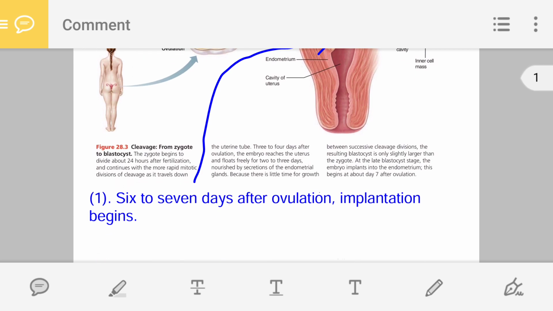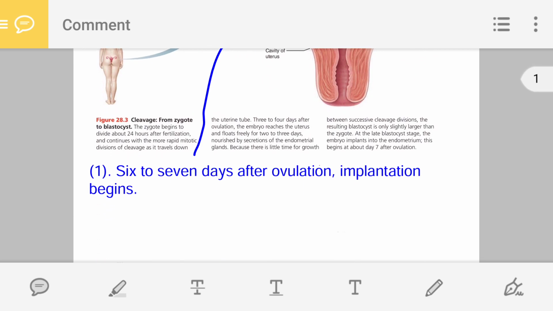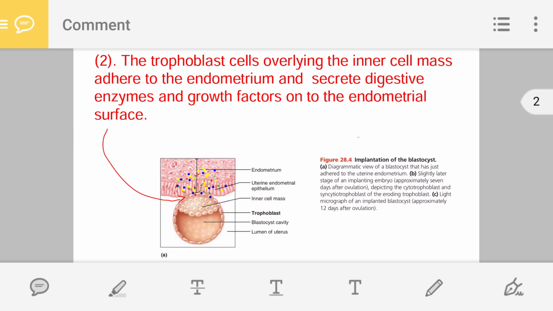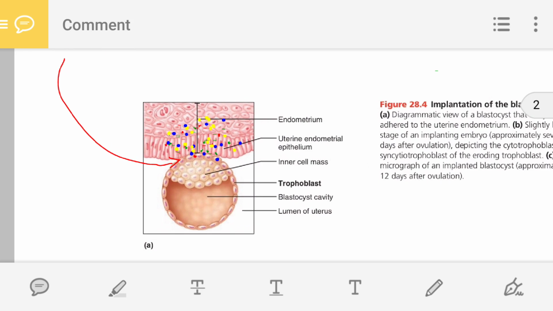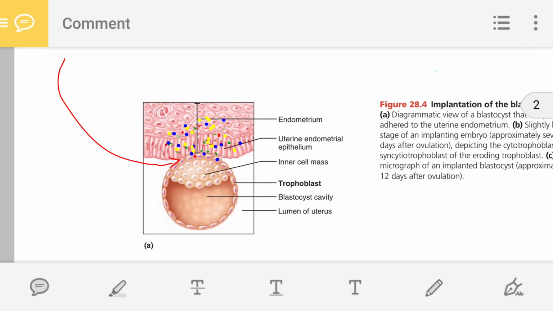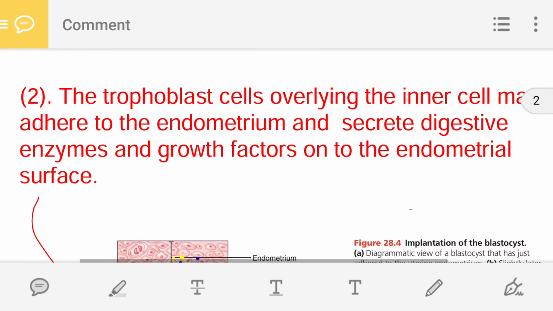This is the first point that we have discussed. Here you can see this one is the blastocyst, and this is the endometrium of the uterus. So we can say this blastocyst is just touching the endometrium.